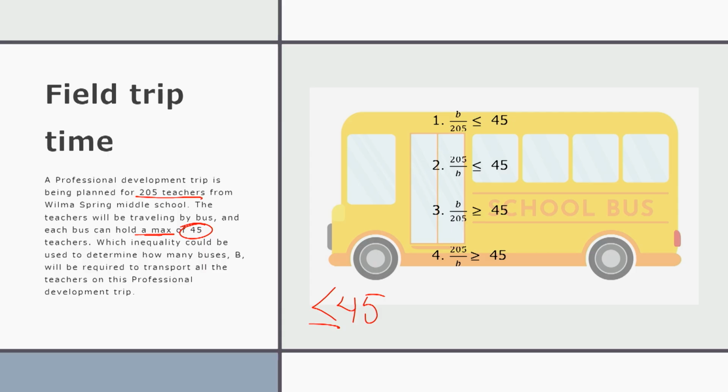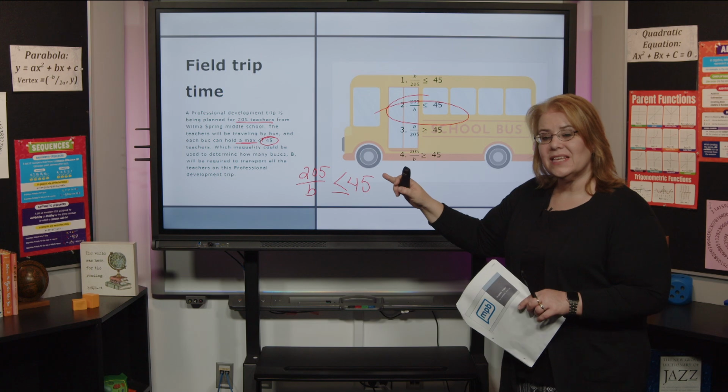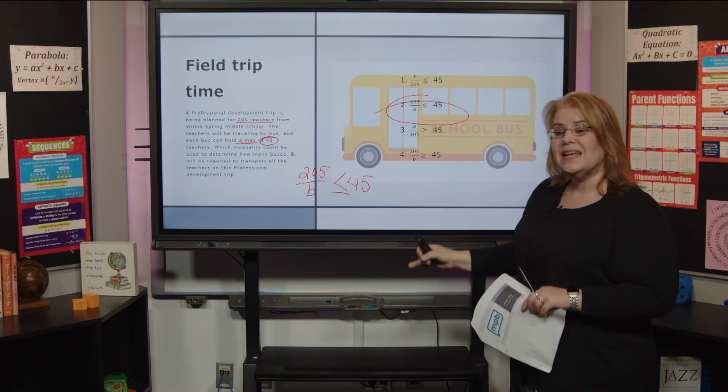Let's see. I am going to take how many we have, which is 205, and divide it by how many of those buses we have. Do I have one that equals or means the same thing as we've written? Right there. Good job. That is how we annotate these problems and write an inequality.